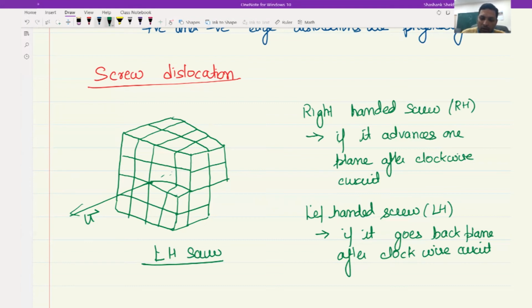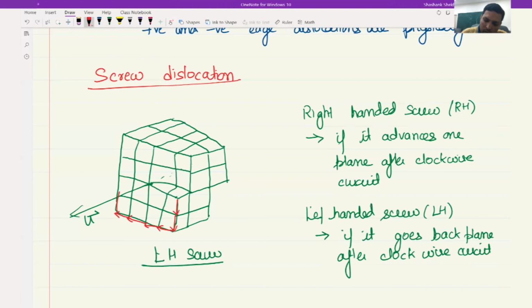Now let's try to draw a circuit over here. So what we will do is, let's say we start from here, we go 2 down, 4 left, then again we'll go 4 up. So 2 down, 4 up. So we have to come back 2 down again. But before that, it's 4 left.